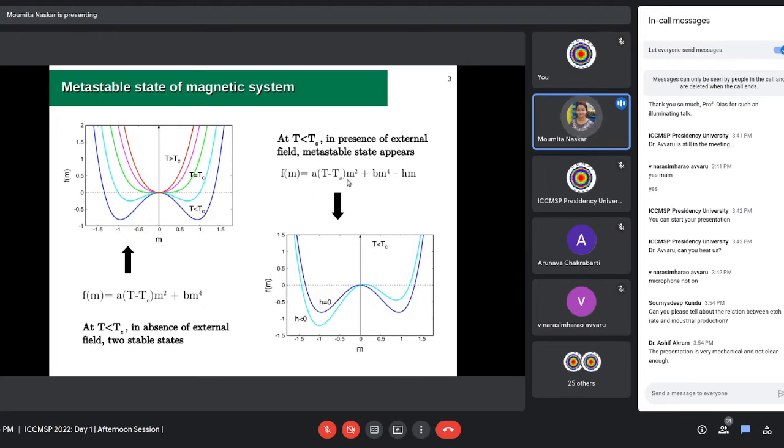Now, if we apply some external field to that system below critical temperature, this symmetry breaks immediately and a local minimum appears along with the presence of a global minimum. This local minimum indicates the appearance of the metastable state. If the applied field is sufficient to overcome the energy barrier between this local minimum and the global minimum, then only can the metastable state decay to the stable state.